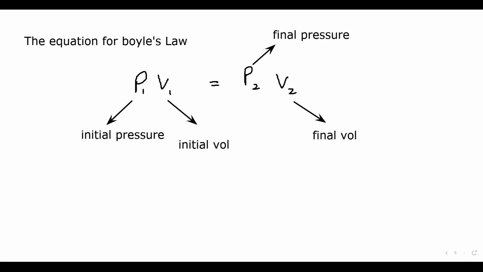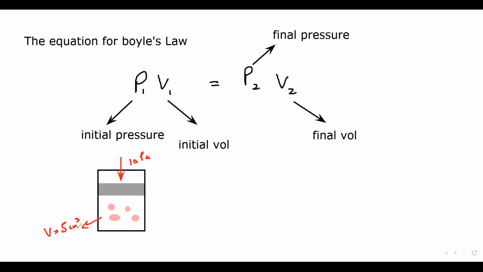Now, an example of this question: there is a gas inside a container, we applied a pressure, the gas is there inside a container at 10 Pascal, and the volume of the gas originally is, for example, 5 centimeter cube.